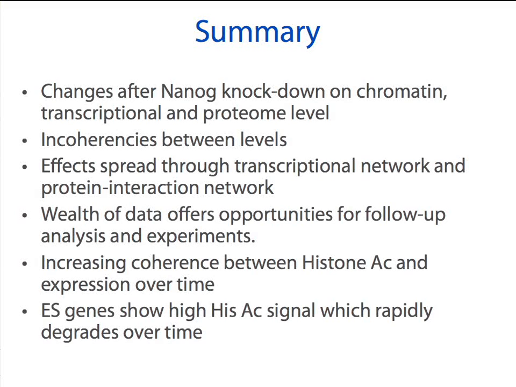Since we had the data presented on different levels, there is incoherence in embryonic stem cells between these different levels. The impact through transcriptional and protein interaction data is a wealth of opportunity.